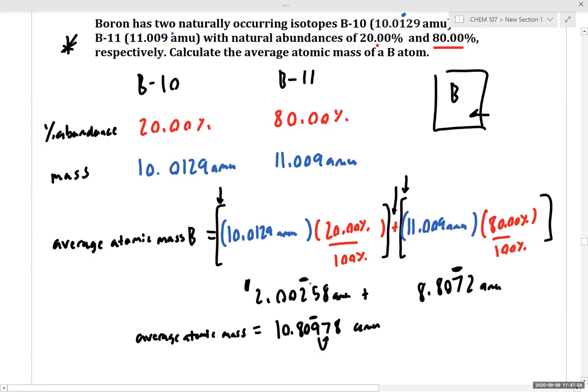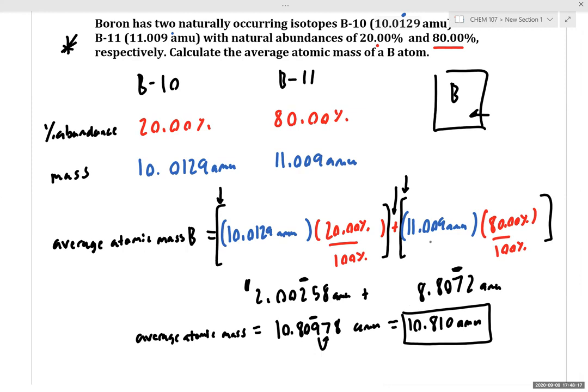Since we're dealing with addition, we have 3 decimal places, and that gives us 10.810 AMU. Does this make sense to everyone? In this case, we have 3 decimal places because we're following the sig fig rules for each step individually.